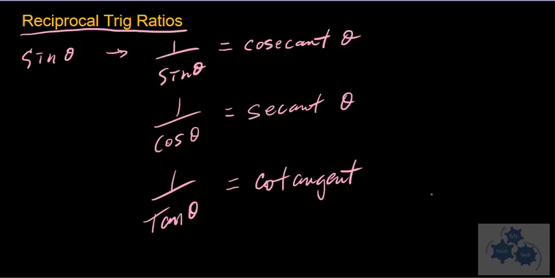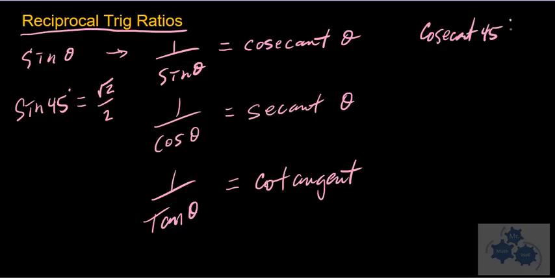Cotangent. Okay, so these are the reciprocal trig ratios, and literally, they are the reciprocal ratios. So whatever number sine is, like for example, sine of 45, what did we say just a few minutes ago that is? In exact values, of course. Thank you, root 2 over 2. It's pretty quick. So the cosecant of 45 degrees is what?